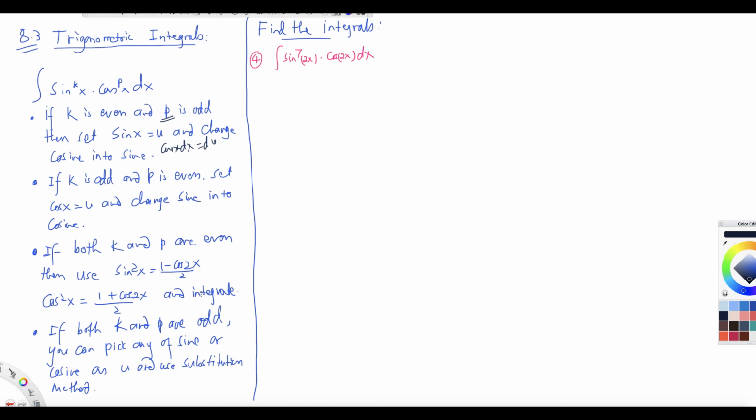And if both are odd, then you can set any of them as u and do the u substitution. If you need to do integration by parts later after you change to u, you can do that, but most of the time you don't need to, you get the answer right away.